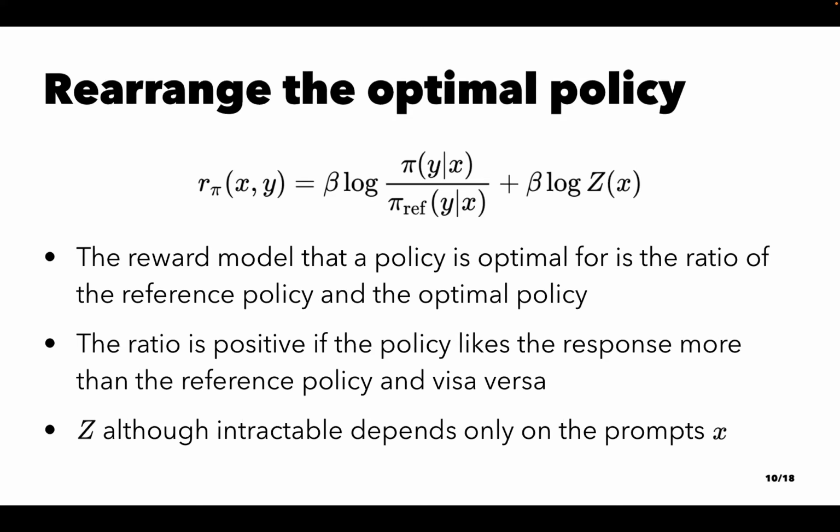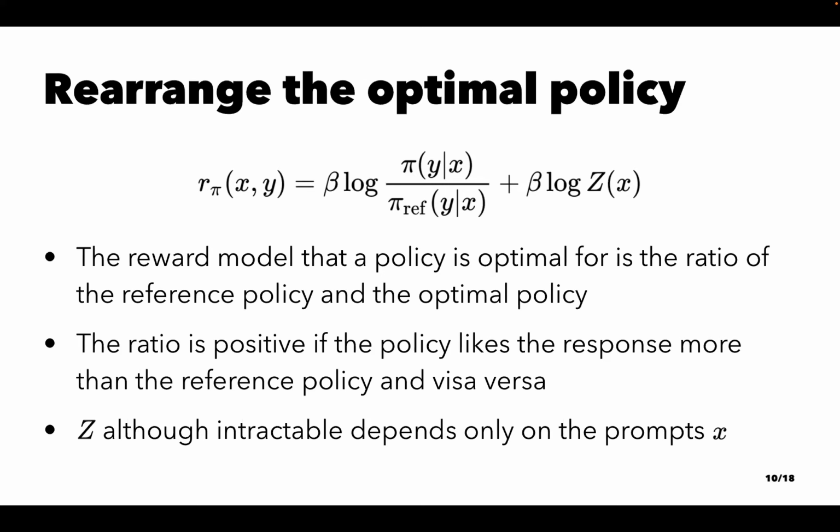Again, a bit more algebra. We can rearrange that term to write it in terms of the reward function. All I've done is rearrange the last formula with respect to some model pi here. In the last one, this was pi star, but it can be anything. So the intuition here is that this is a reward model that a policy is optimal for: just the ratio of the optimal policy and the reference policy.